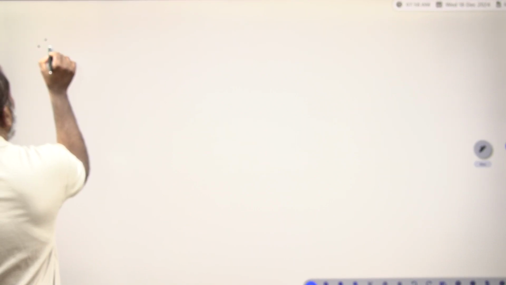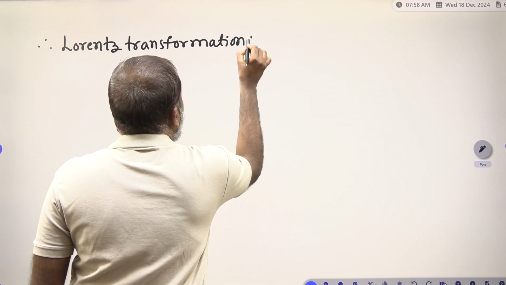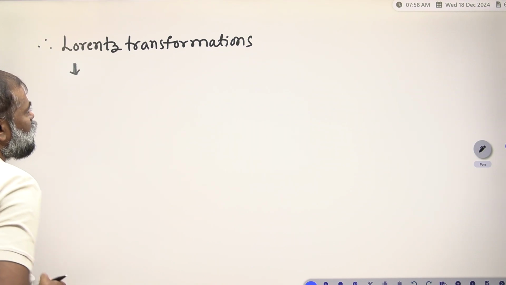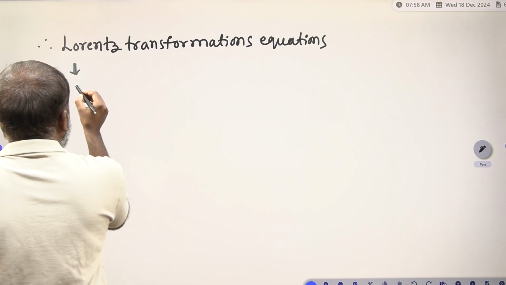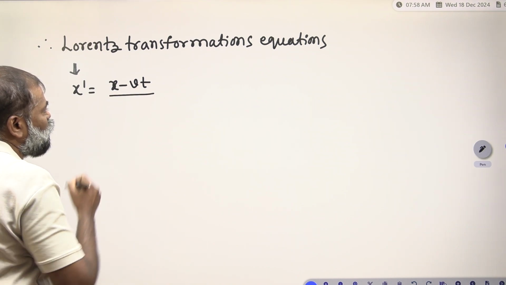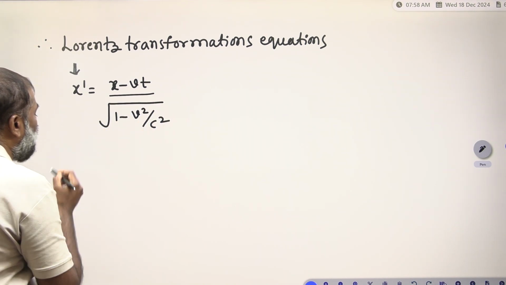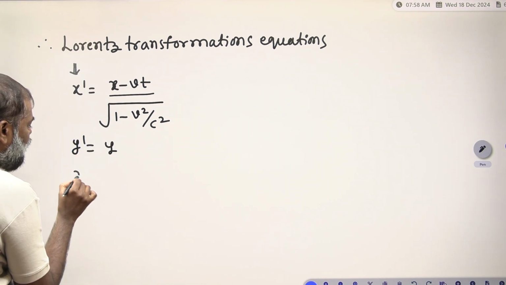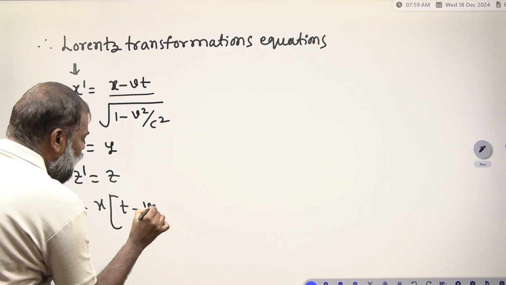What are the Lorentz transformation equations? x dash is equal to (x minus vt) divided by square root of 1 minus v square by c square, this is the gamma value. y dash is equal to y, z dash is equal to z, t dash is equal to gamma into t minus vx by c square.